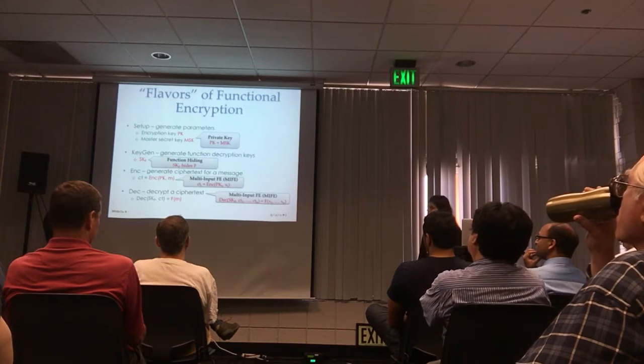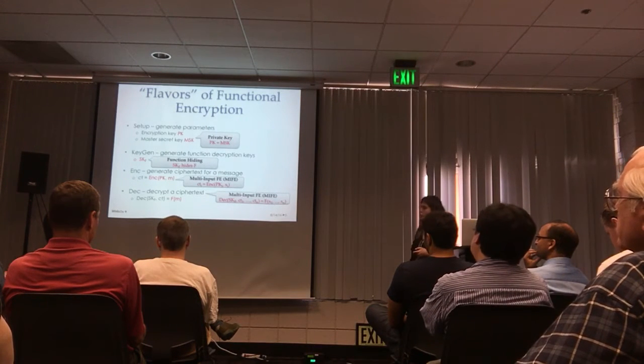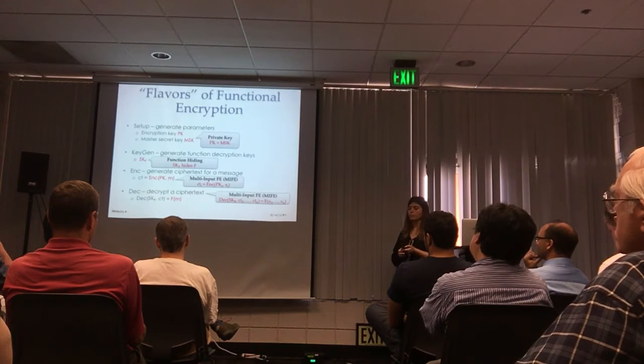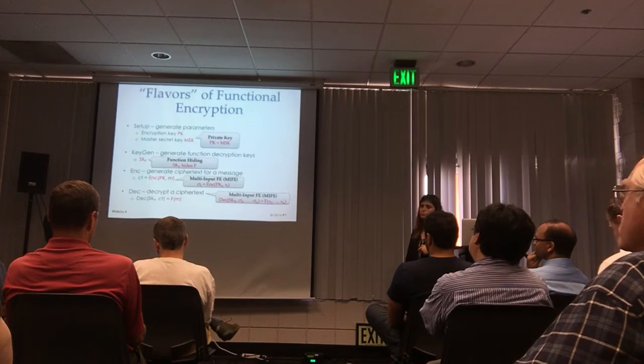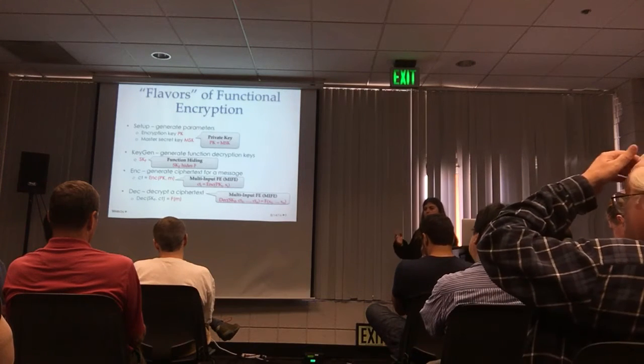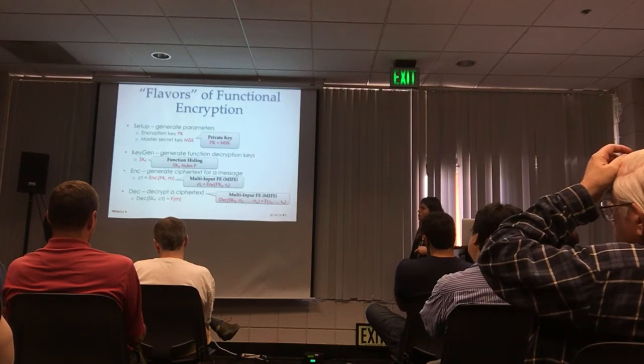And then the last flavor of functional encryption that I want to mention, which I will also be focusing on in our implementation efforts, is multi-input functional encryption. What I said so far is that we will be able to decrypt a single ciphertext with this decryption key.